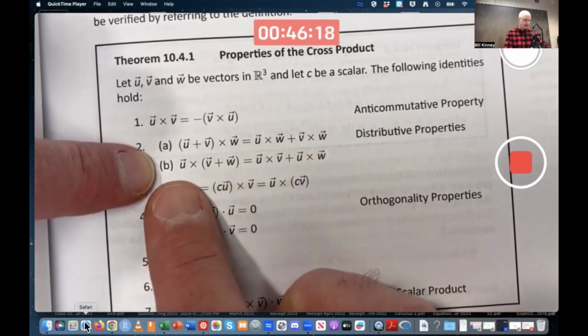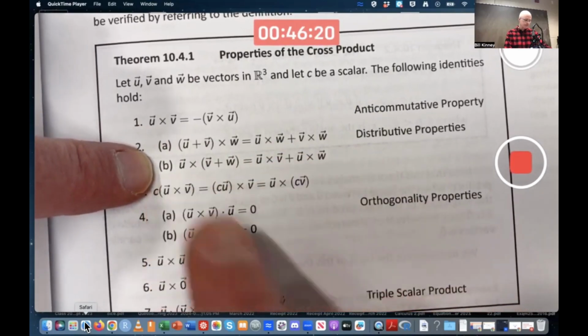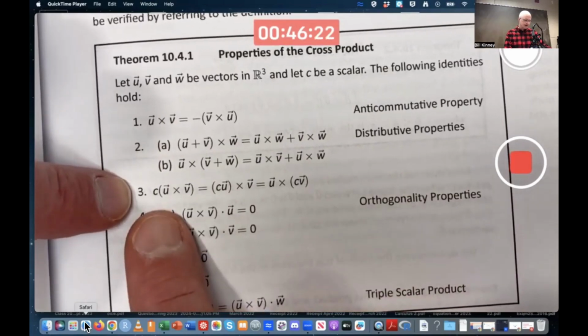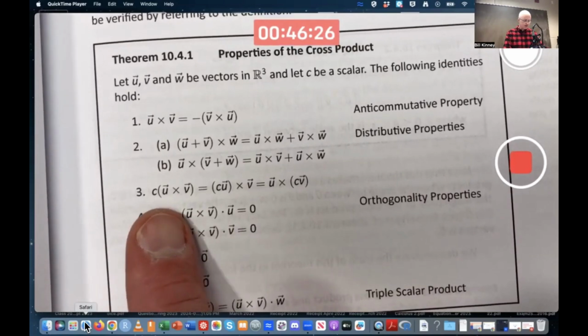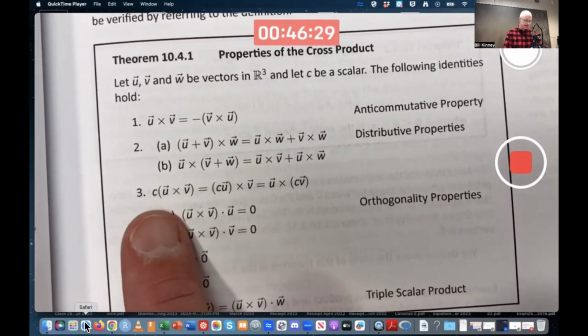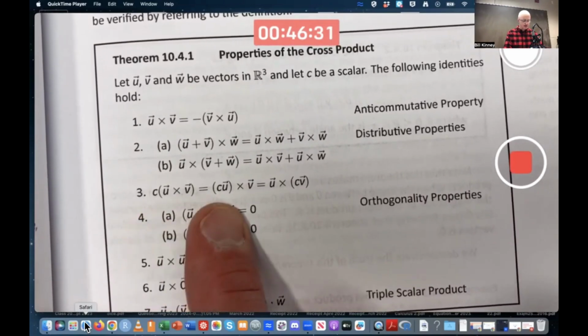Works with the vector on the left side as well. This is kind of like a distributive property of scalars through vector cross products. You can take the scalar C and put it next to either the vector U or the vector V.